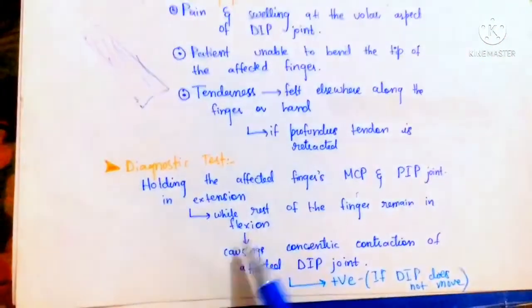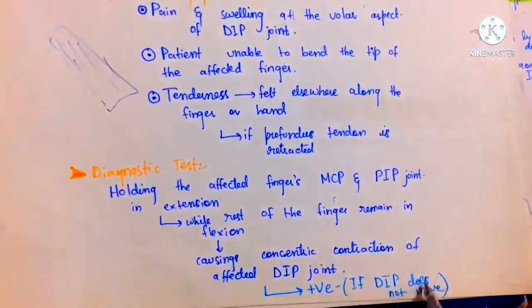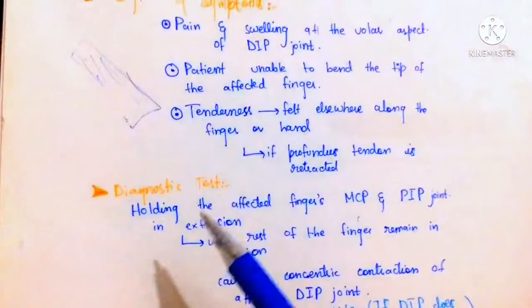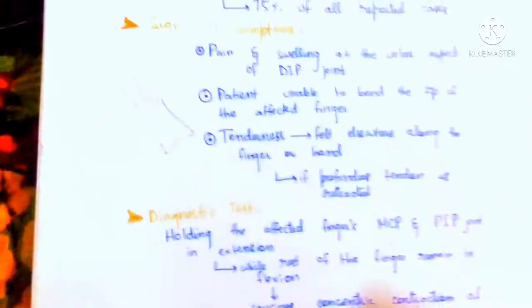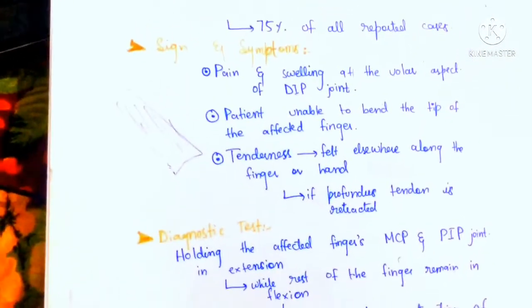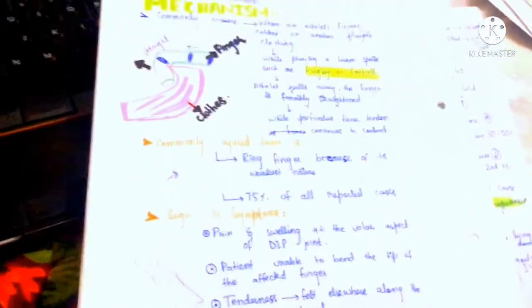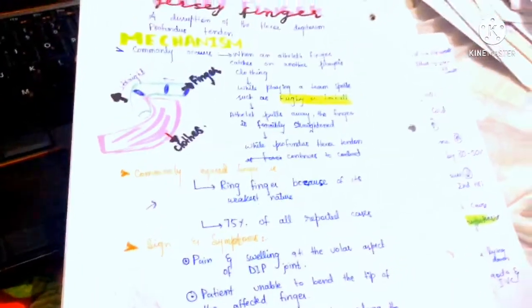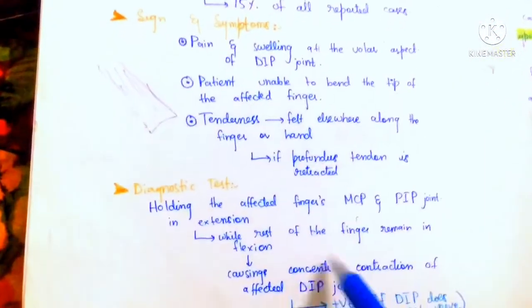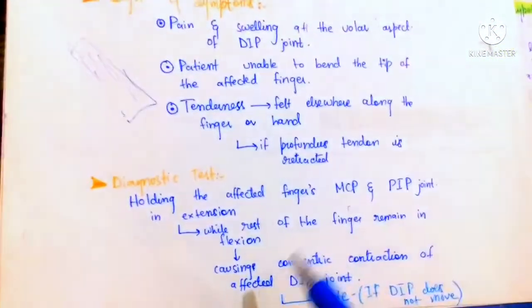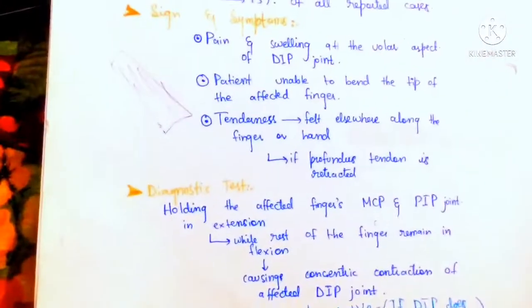If the test is positive, the DIP does not move, that means the DIP does not bend. That means the flexor digitorum profundus tendon is ruptured, because that causes the concentric contraction of the DIP joint.